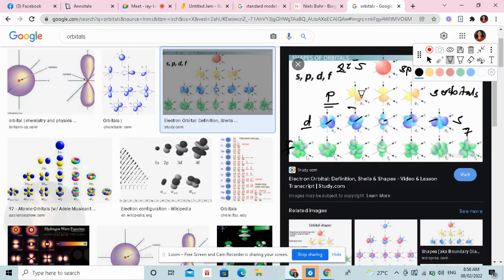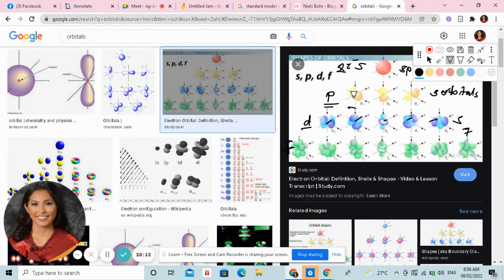What about the p orbital? How many electrons can it occupy? 6, ma'am. 2 for the first orbital, px, then 2 for py, and 2 for pz. So a total of 6 electrons for the p orbital. For the d orbital, 10, ma'am: 2 plus 2, 2, 2, 2.